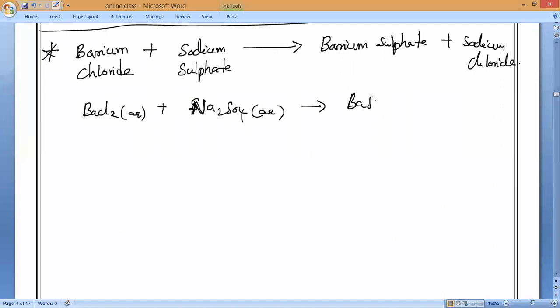Barium sulfate, BaSO4. What is the color of this one, Shruti? White. White color precipitate. That is what you remember. Plus NaCl, in aqueous state. Balancing: 2 NaCl. So all these we call examples of what, guys? Examples of precipitation reaction. Clear?